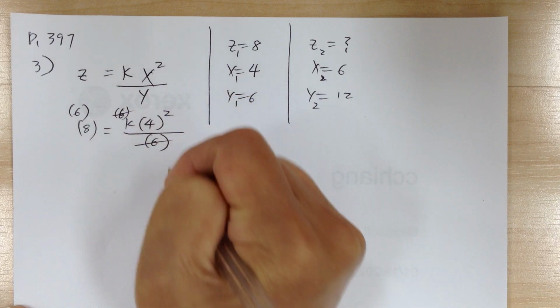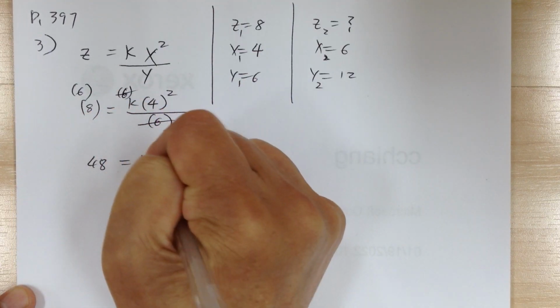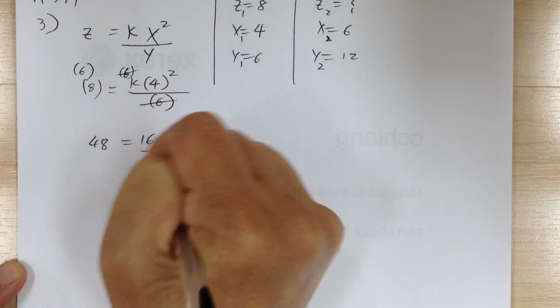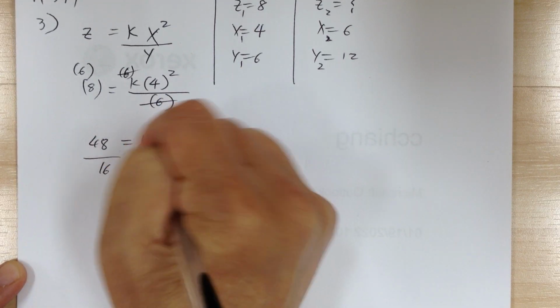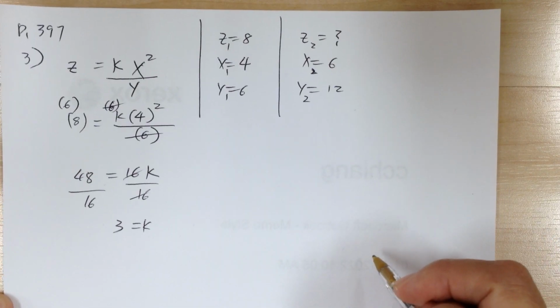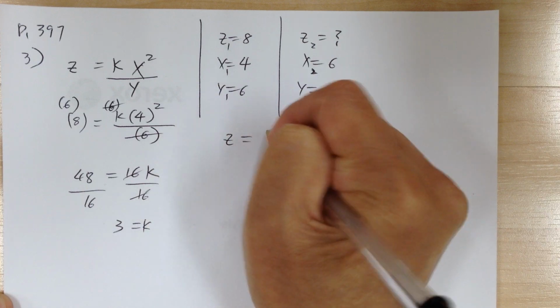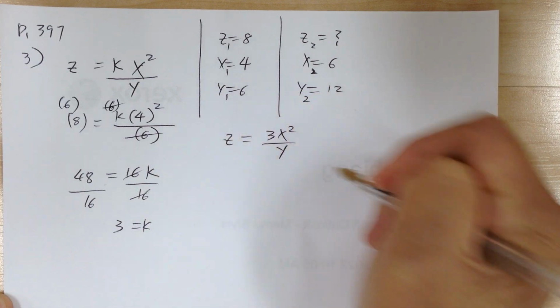So that will cancel out. So you got 48 equal to 16k. Then divide by 16 on both sides. So this will cancel out. So k will equal to 3. Once you find k, you update your equation. So you're going to get z equal to 3x squared over y.